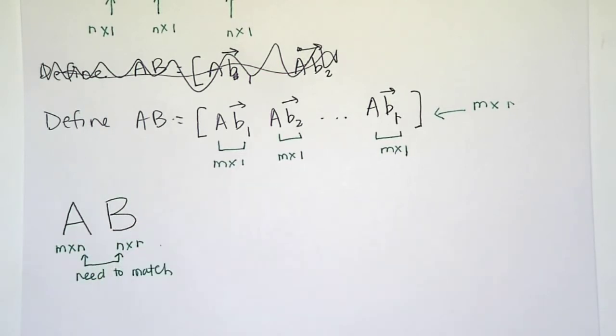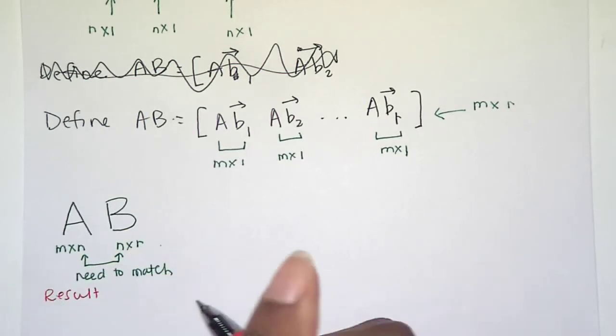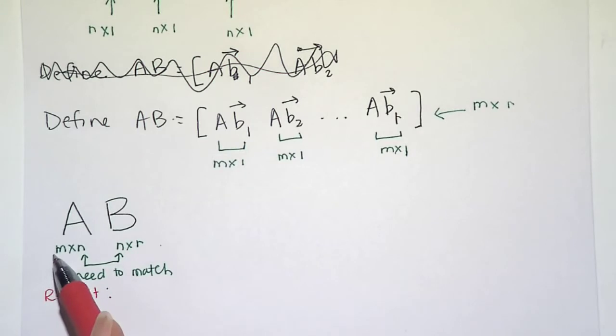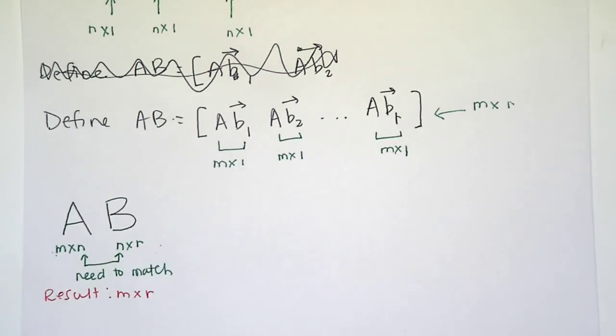If the inside dimensions don't match, then we cannot multiply our matrices together. Also, the result of multiplying our matrices together is going to be the outside dimensions, m by r.